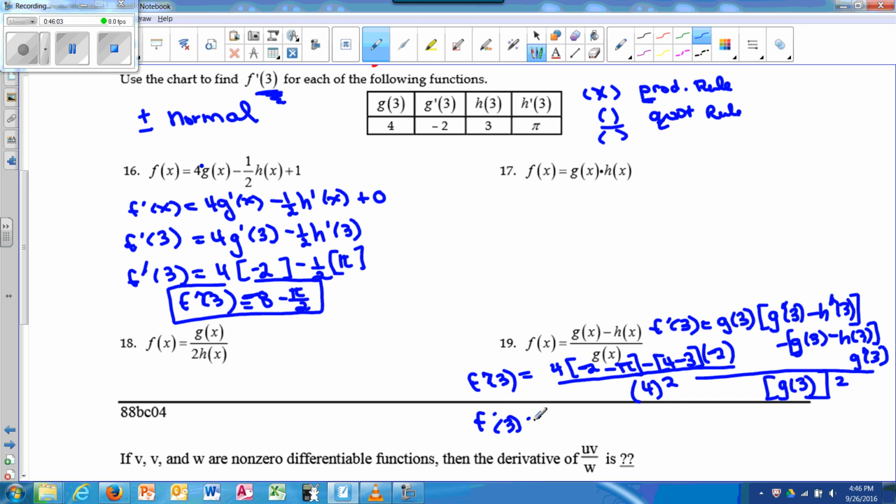So for h prime of 3, we have the low, the derivative of the high, minus the high, times the derivative of the low, over the square of what was below.